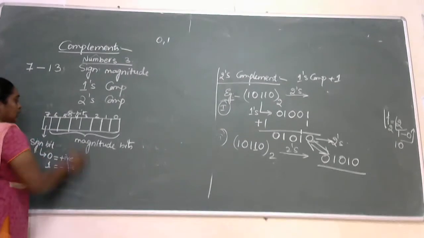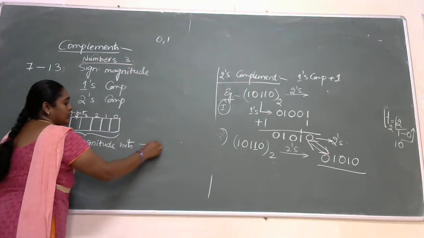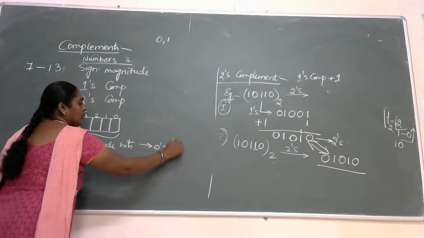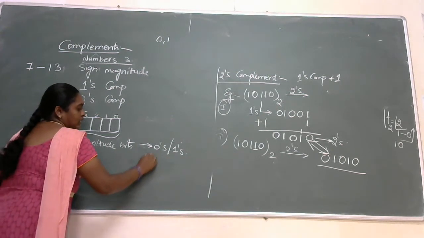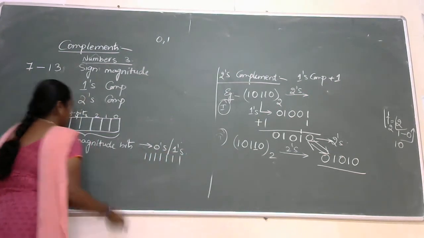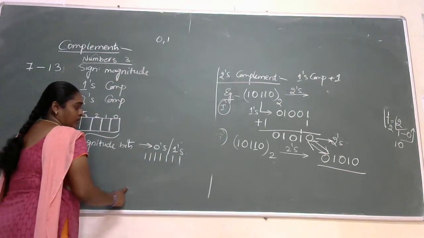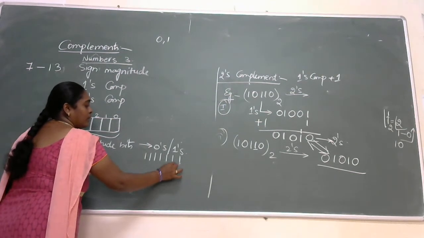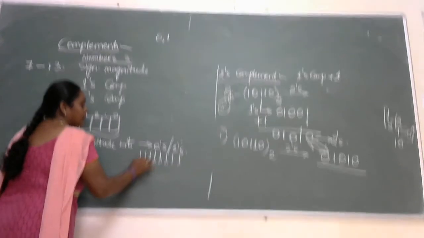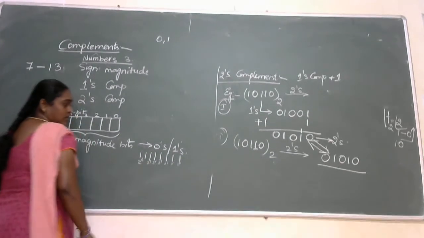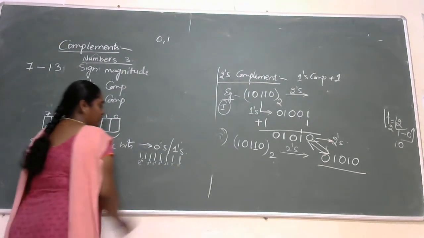As we know, all these numbers can be represented using zeros or ones. The maximum number which can be represented here is 7 ones, that is 2 power 0, 2 power 1, 2 square, 2 cube, 2 power 4, 2 power 5, 2 power 6. Among these 7, if you calculate, the maximum value you get is 255.